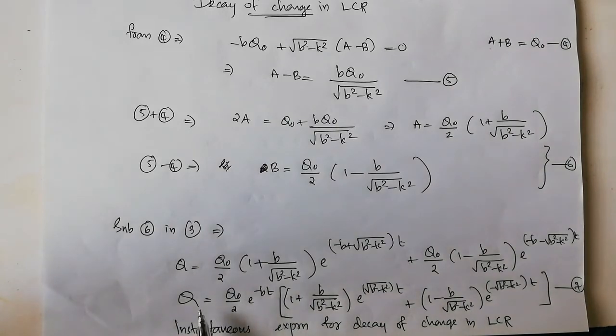That is, q is equal to q0 by 2 into e raised to minus bt into 1 plus b by root of b square minus k square into e raised to root of b square minus k square into t plus this term. In that, we have taken e raised to minus bt outside as common, and we have q0 by 2 into e raised to minus bt outside the bracket, with these two terms inside.